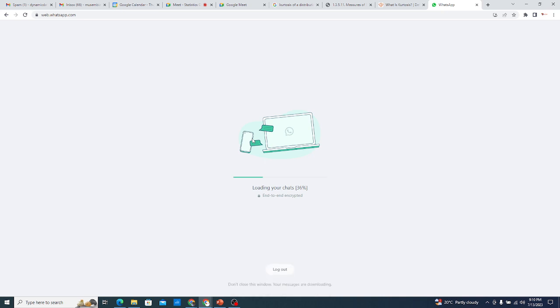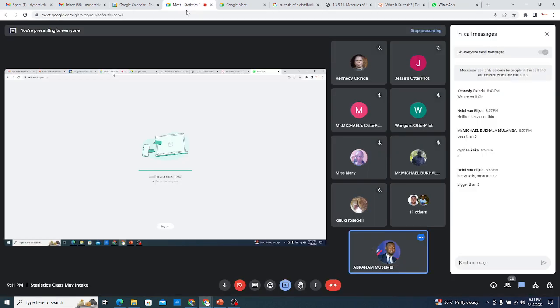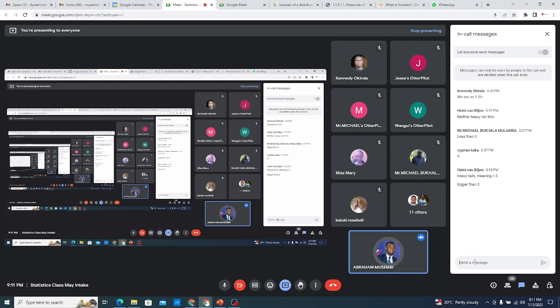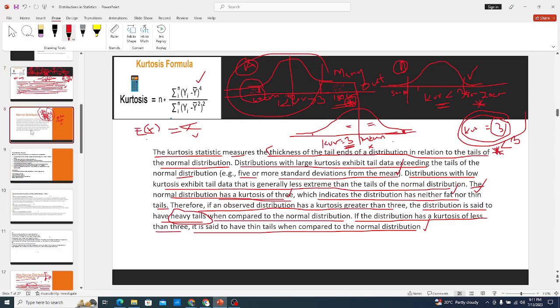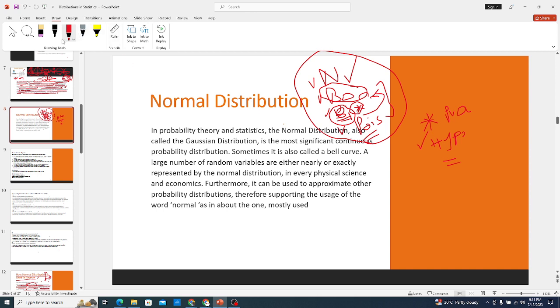Then I guess we are good with kurtosis. Now we are going to normal distribution. I will also share the link over WhatsApp. Now let's continue with our first distribution.